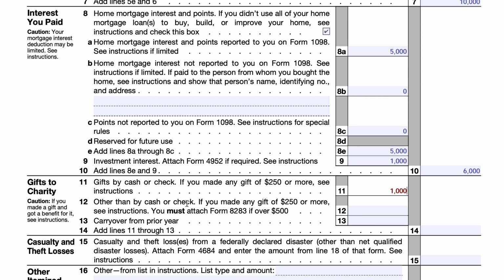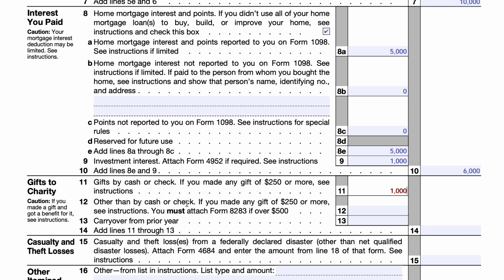In line 12, these are contributions that were made by other than cash or check. So if you made a gift of $250 or more, you would need a contemporaneous written acknowledgement. If your deduction is $500 or more, you would need to attach a copy of IRS Form 8283. That's non-cash charitable contributions.